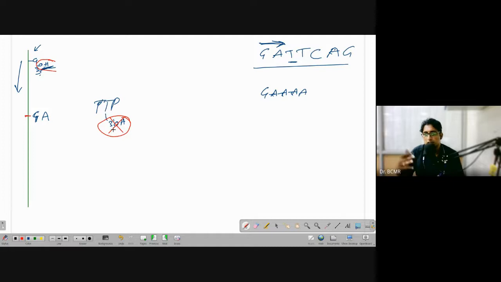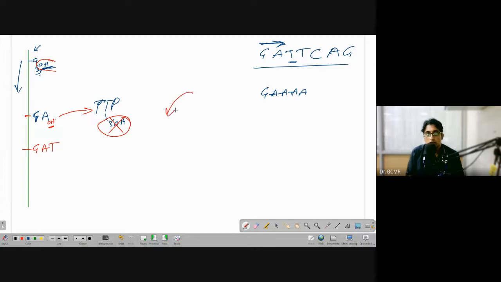Okay, I'm just discussing the principle of how people do these things. Then they will have activated the 3' OH. The one that was actually blocked here is now activated, and the covalent bond will form like this. So it will become GAT.